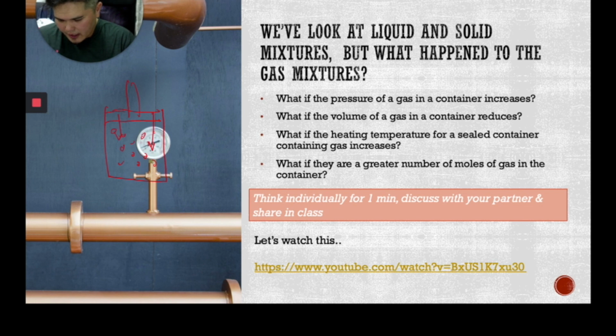Then you are making the gas molecules become tight to each other. They become compressed. So that is what will happen if the pressure of the gas increases. What happens to that particular gas? The gas becomes too tight, and the molecules try to push each other away.